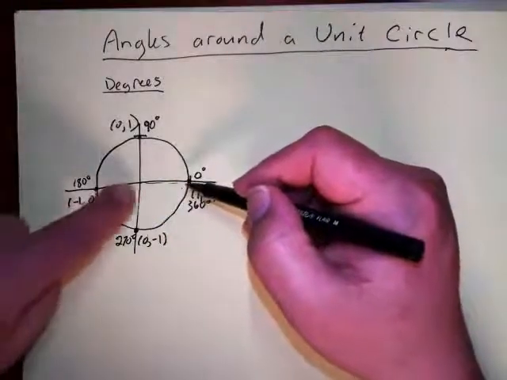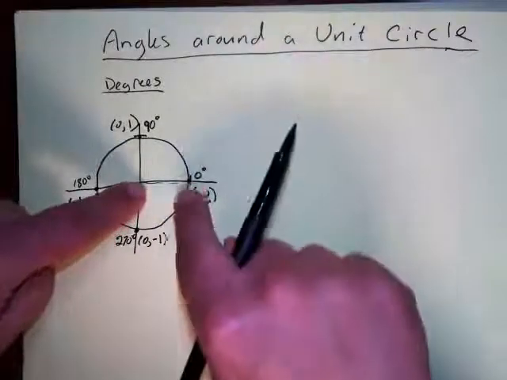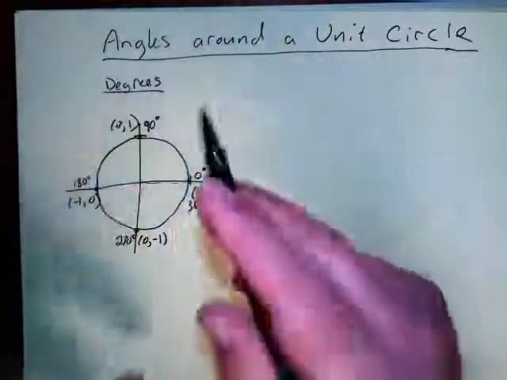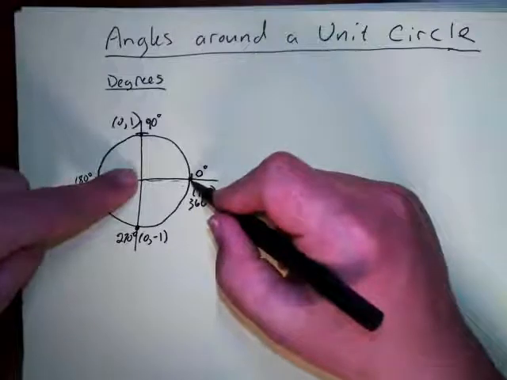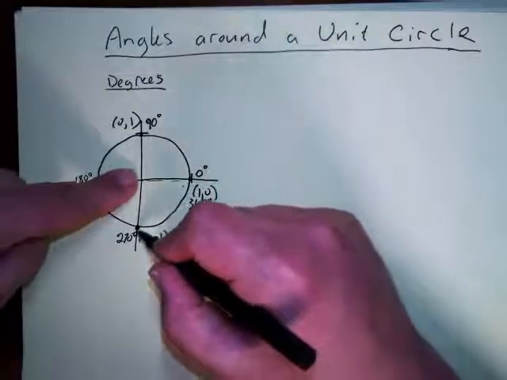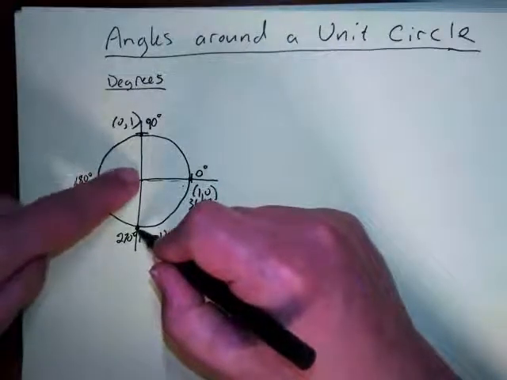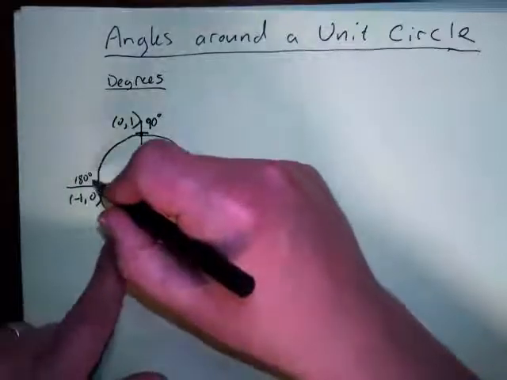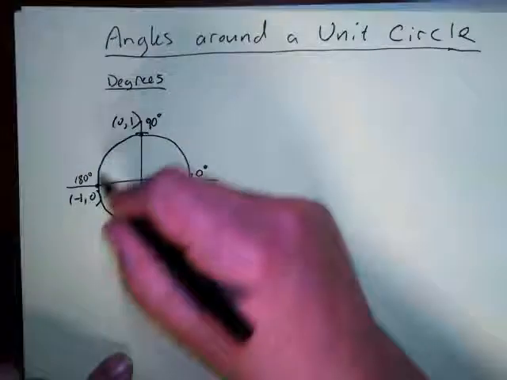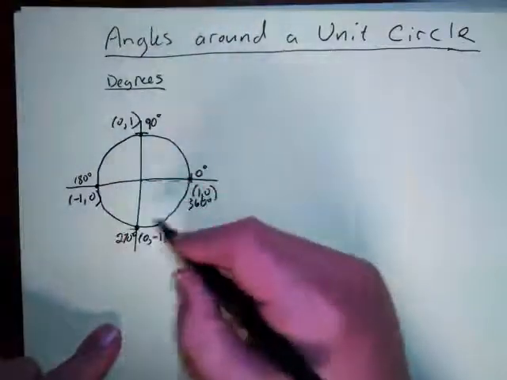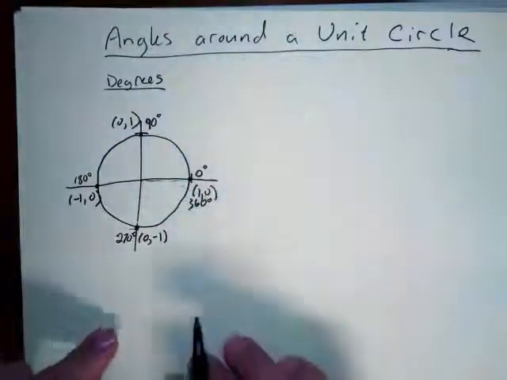And if you go clockwise around the circle, then they would say that that angle is negative. So if you're like here, and you go down here, then this would be like negative 90 degrees. This would be negative 180, negative 270, negative 360, so on. Okay, so this direction is positive, this direction is negative.